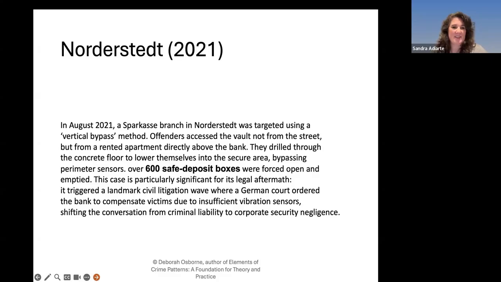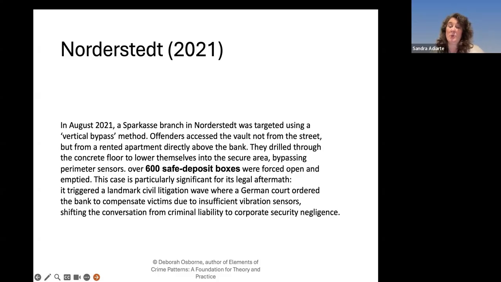And it says here, and you said also earlier that it's particularly interesting and significant for the legal aftermath because it triggered a landmark civil litigation wave where a German court ordered the bank to compensate victims due to the insufficient vibration sensors, which is likely to happen with a case that we heard of before, shifting the conversation from criminal liability to corporate security negligence.